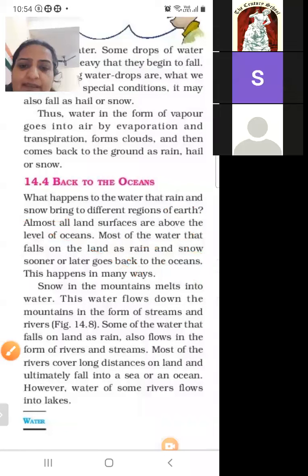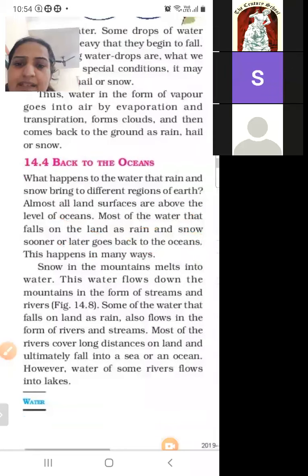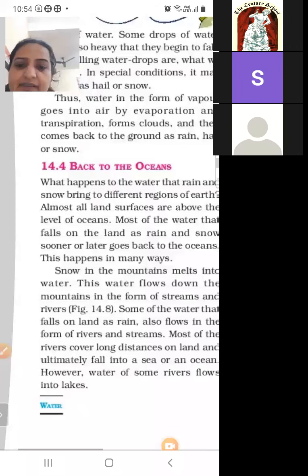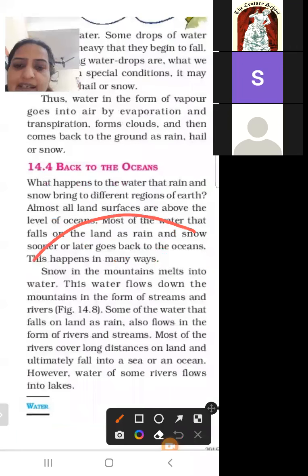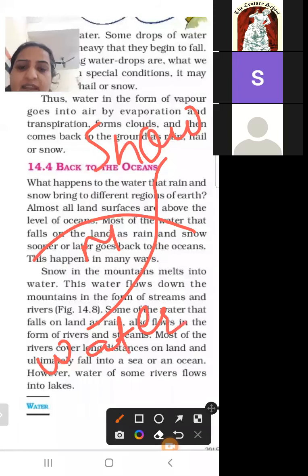Suppose this is our mountain, and on the mountain there is snow, and when this snow melts and converts into water, where does this water go? This water goes into the ocean.